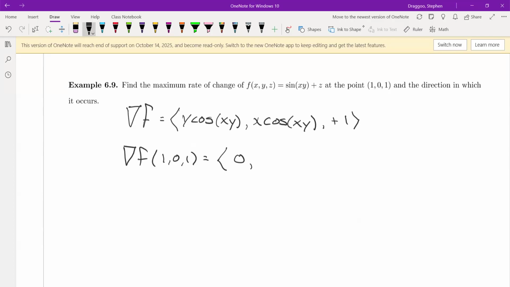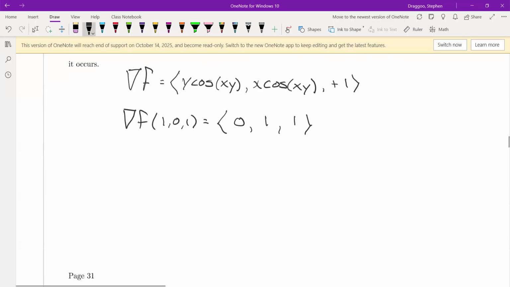Next up, x and y are 1 and 0, so I've got 1 times cosine of 0. Cosine of 0 is 1, and 1 times 1 is 1. Cool. So 1 for that first one, and 1 for the last part. I don't really know why I put a plus 1 in the gradient when I could have just put 1. Guess I really wanted to emphasize that that number was positive after the last time. Let's go with that, and not some other strange explanation.